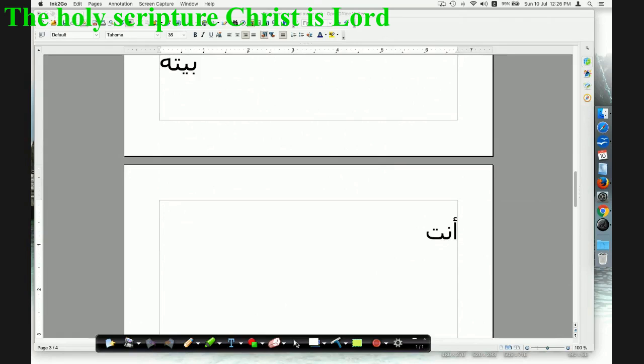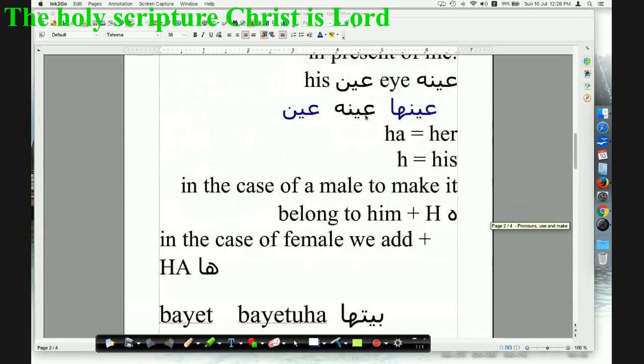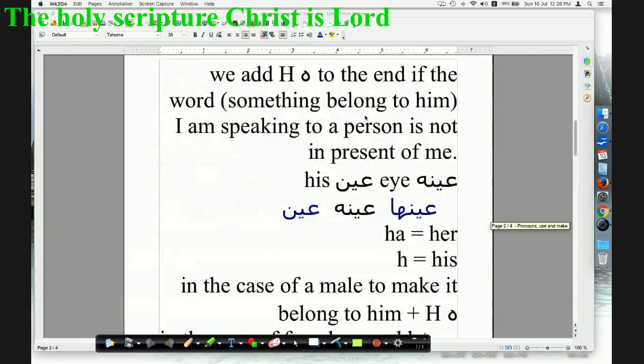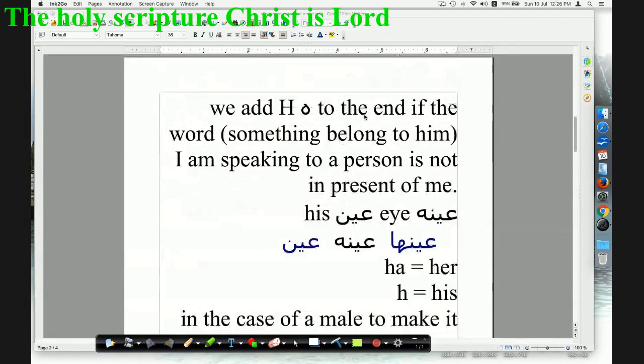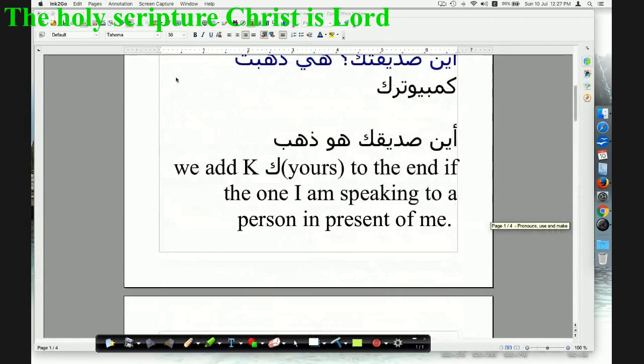Like in the case of ka here, he's talking. Don't confuse yourself with the tashkil right now. Just focus on the word. Tashkil, we can leave it for later when we become more advanced. Right now, we want to just learn the basic things, and then we can add the fatha and the kasra. However, it's very simple.